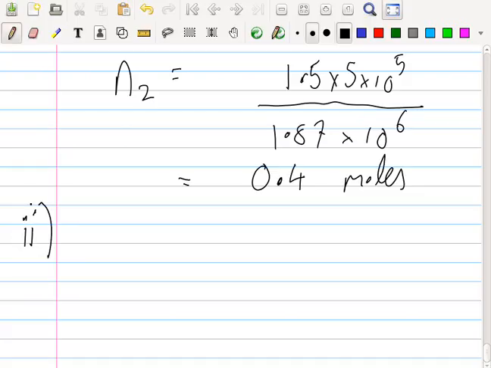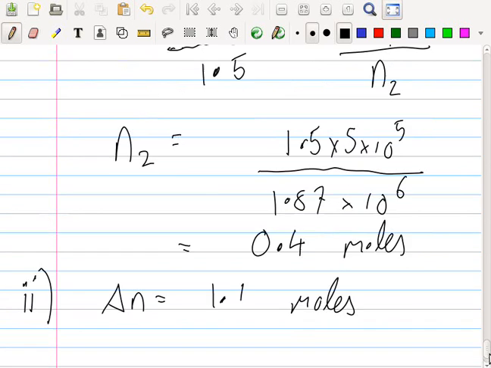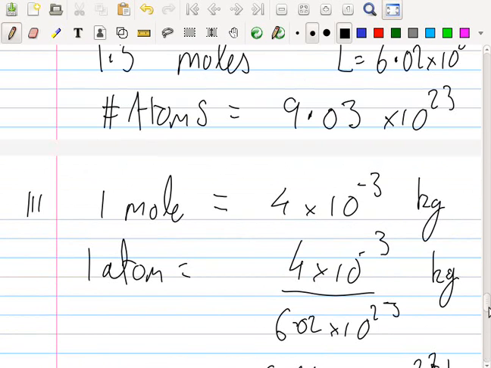Last one now. How much mass has been lost? 1.1 moles. But didn't he give us the mass of 1 mole earlier? Here it is, 1 mole equals this.